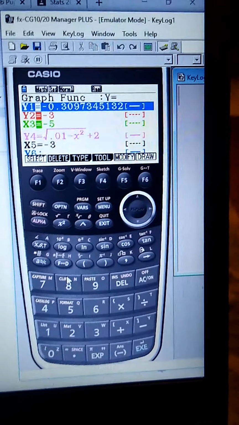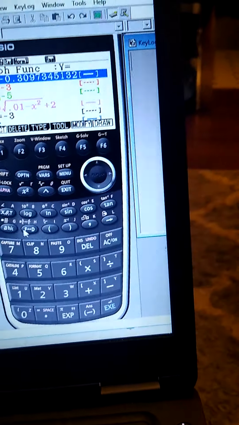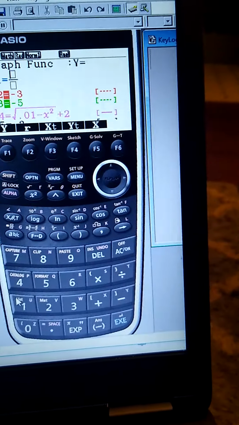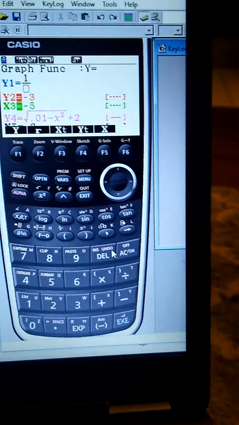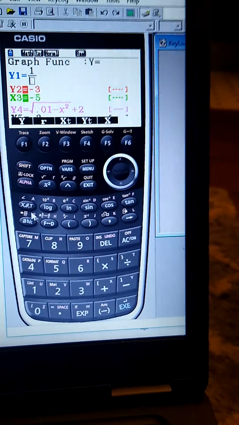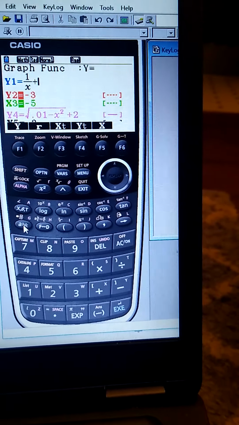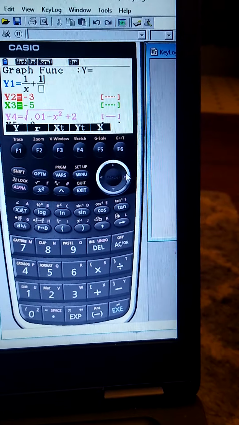Let me grab the calculator real quick, and we're going to go to the graph app and graph both of these. I'm going to graph this left side as y1, so I'm going to do 1 over x plus 1 over x minus 4.